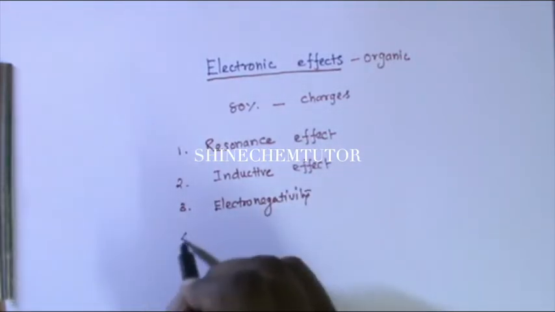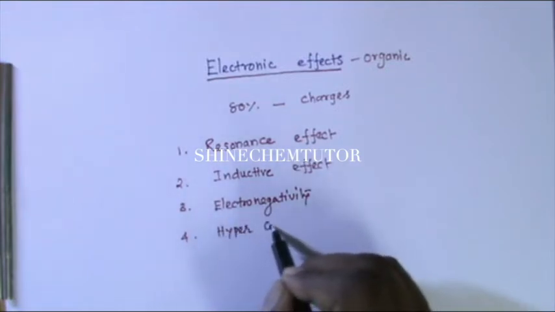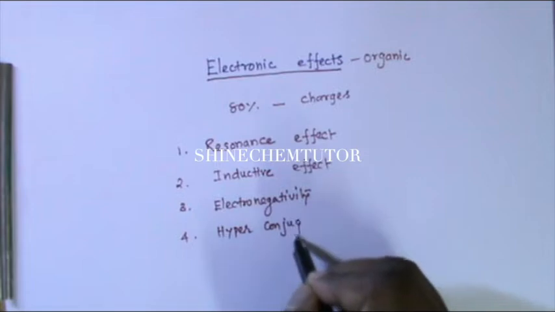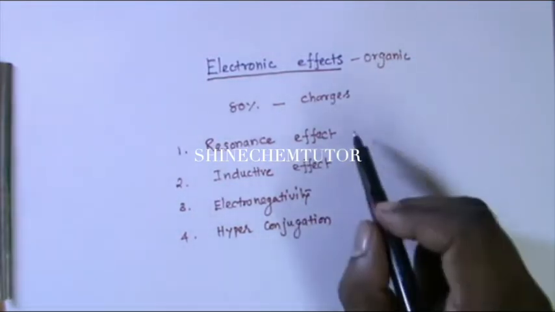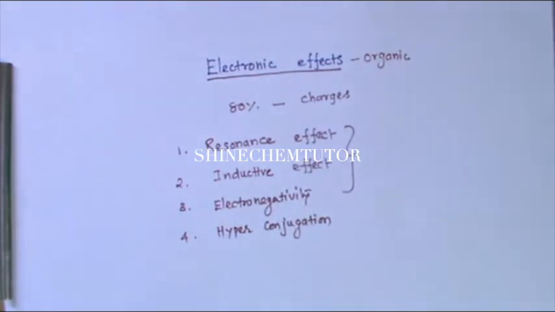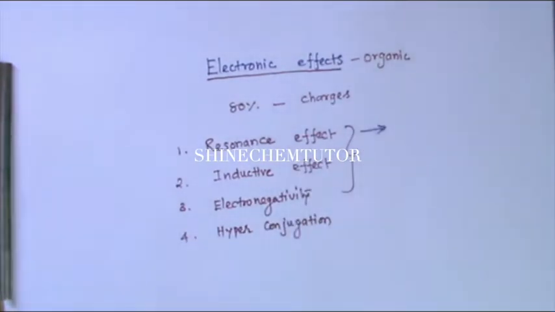There is one more, hyperconjugation, but it is not that much used in organic reaction mechanism. So I focus only on these three. In this video, we are going to discuss only resonance effect.